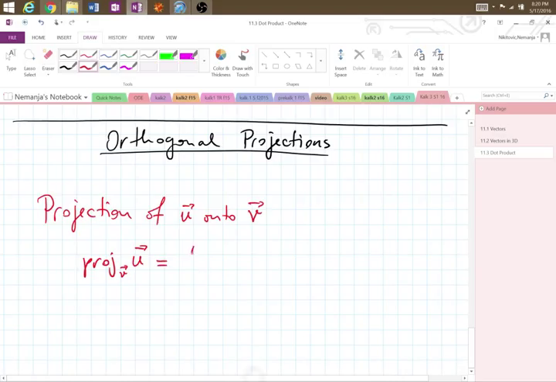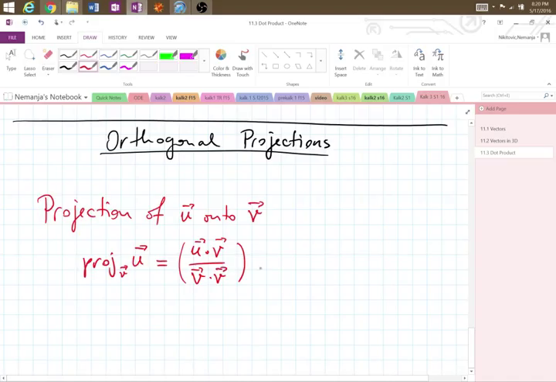is going to be U dot V divided by V dot V. So that's all going to be a number. And, oh, sorry, these are V's, because we need the directions. There we go.